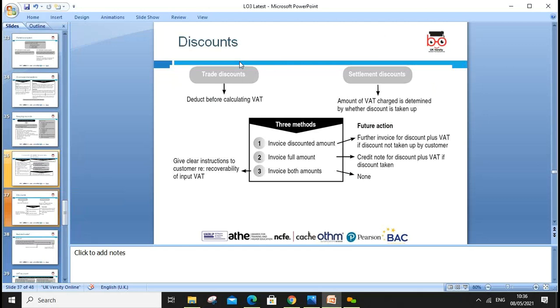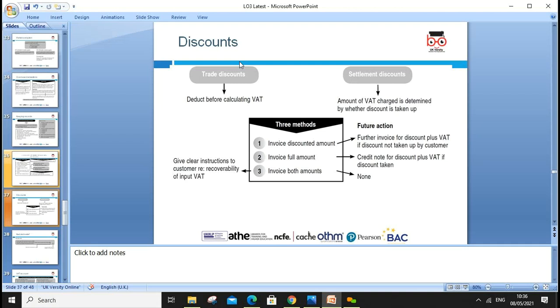Okay, anybody, any question? Trade discount, settlement discount. Do we know what is the difference? At the time of the trade and the settlement discount, yes. There can also be, that was the gray area in the past. Settlement discount used to be applied to every invoice, even if people claimed or not.